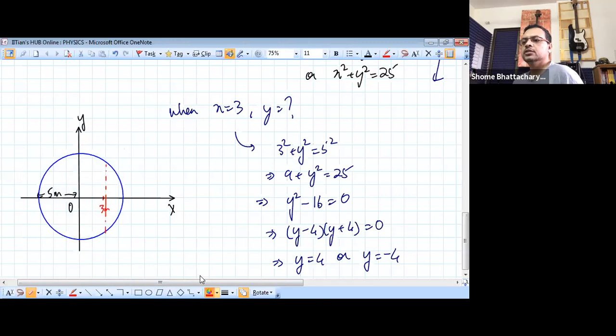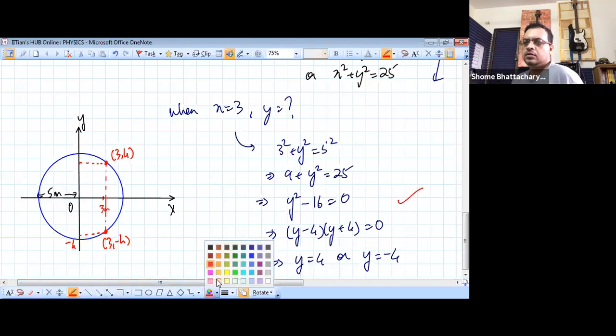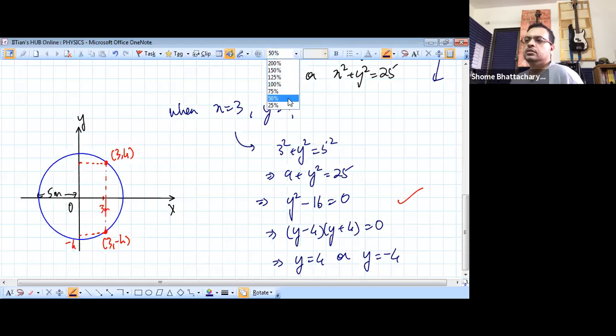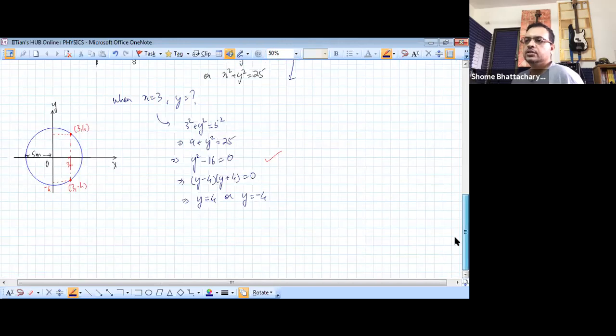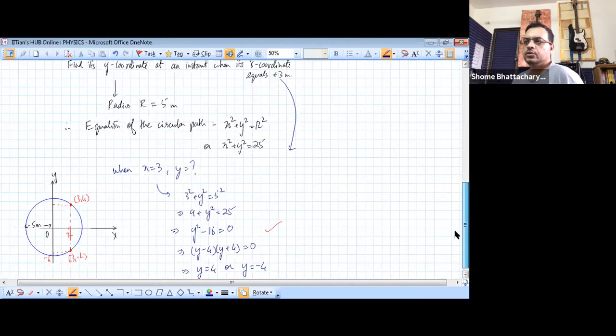One of those points is this one, 3 comma -4, and of course the other point is this one, 3 comma 4. So how did we get the y coordinates? By using this. Okay, so hope the solution of this is fully clear: how to use the equation of the circular path to find this out.